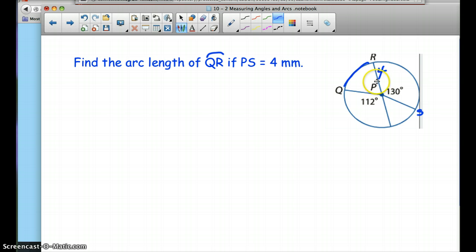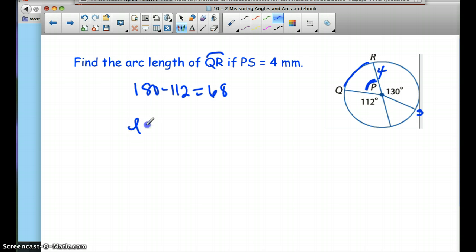Now we need to figure out the angle measurement of this. Take a second and see if you can figure out how you would find the angle measurement. So what I did is I took 180 minus 112, and I ended up getting 68, because this is a semicircle right here, and it's halfway across.